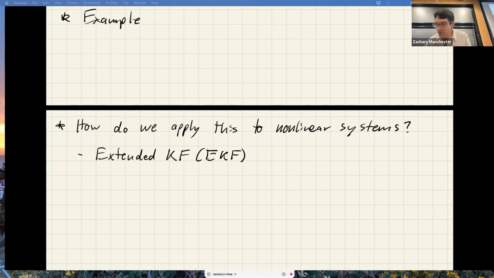You linearize it about where you're at, and you just proceed with the stuff we just did. So you linearize about X hat, your best guess, and proceed.